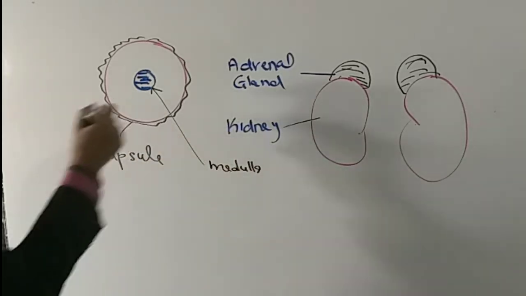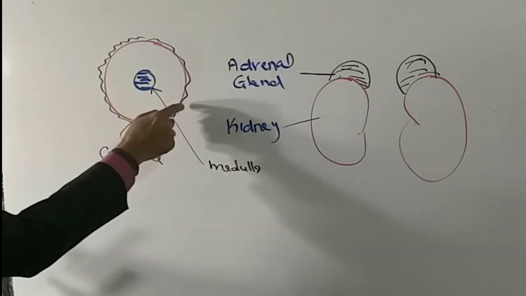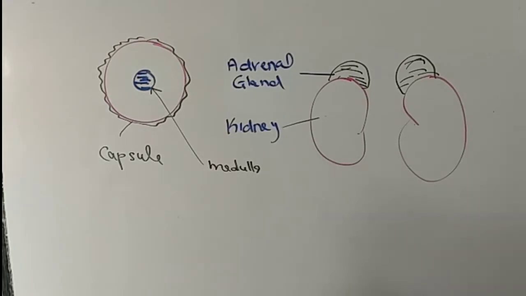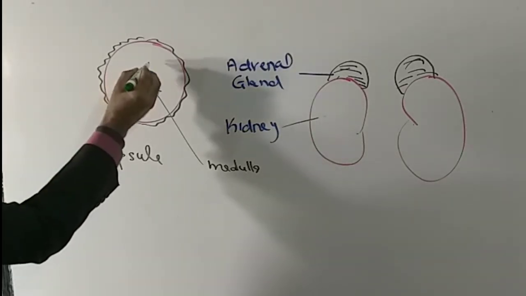Between the capsule, which is the outermost, and the medulla, the part of the adrenal gland is known as the adrenal cortex, and we subdivide it into three parts.